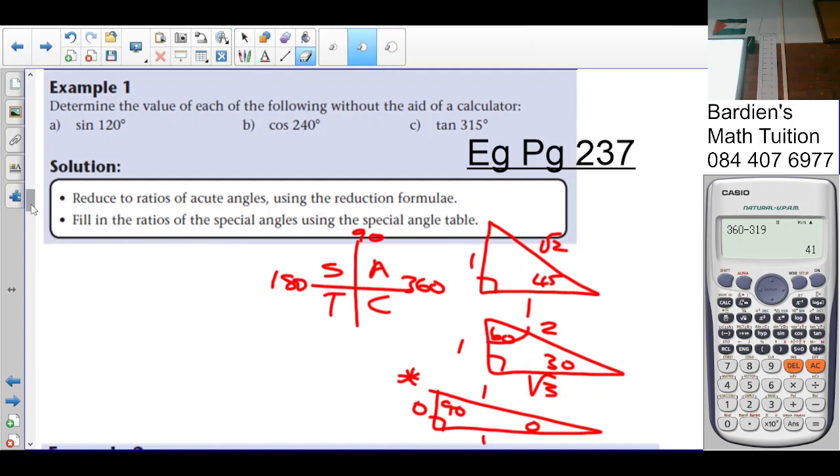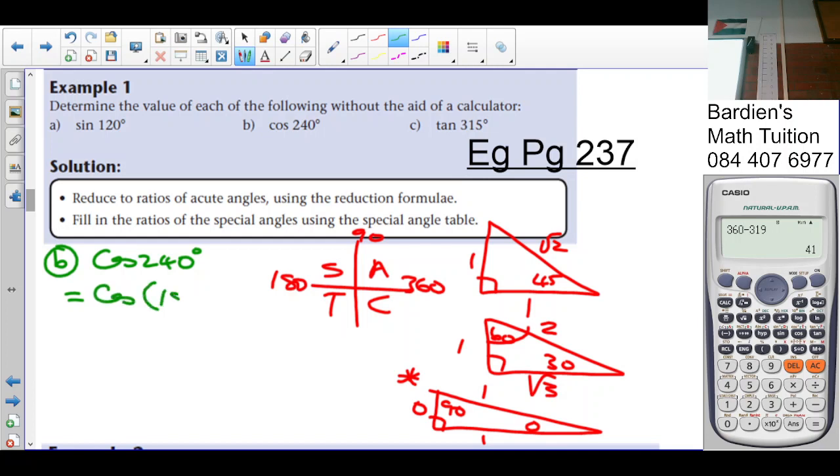Let's look at B. I'm going to do it in this space here so that we can keep that information on the board. B says cos of 240 degrees. Which quadrant is 240 degrees in? It's in your third quadrant. How do we get into the third quadrant? 180 plus. So it's going to become cos of 180 plus 60.